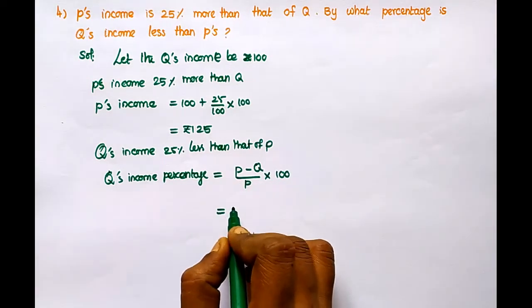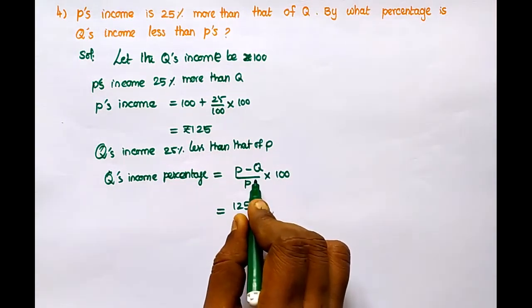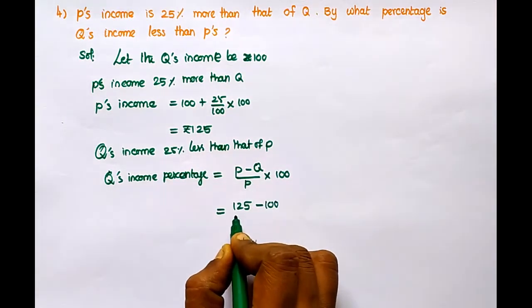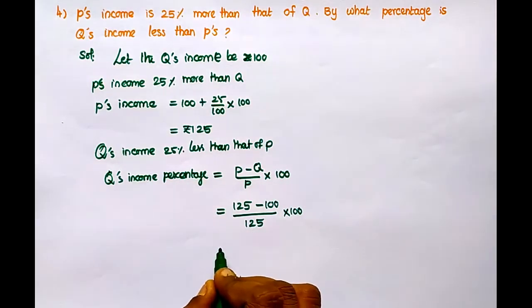What is P? 125 minus Q is 100, divided by 125 into 100.